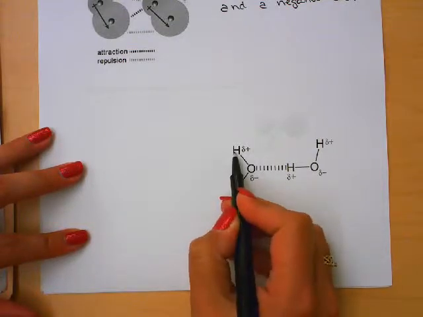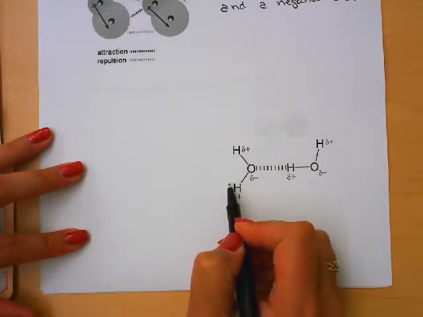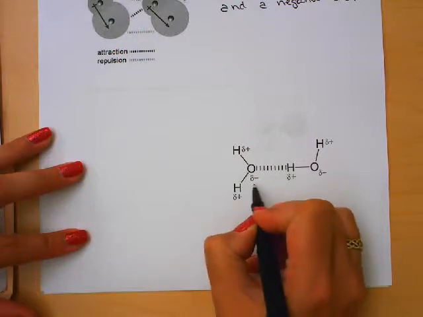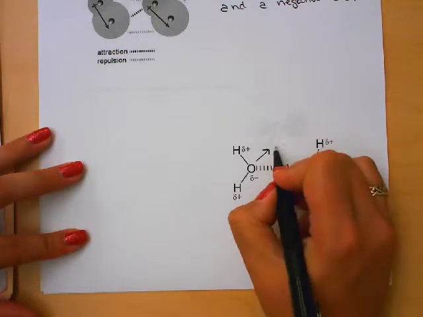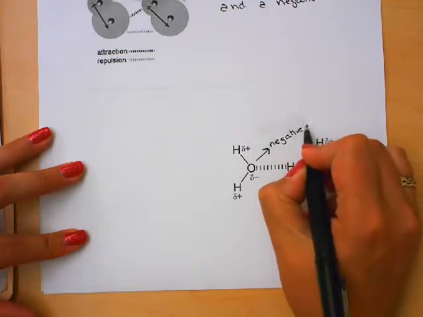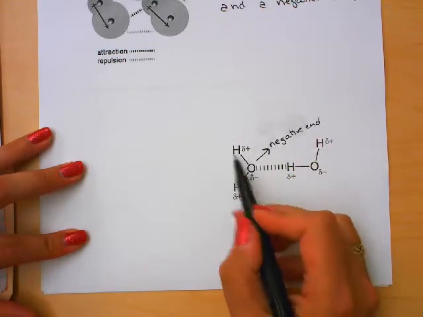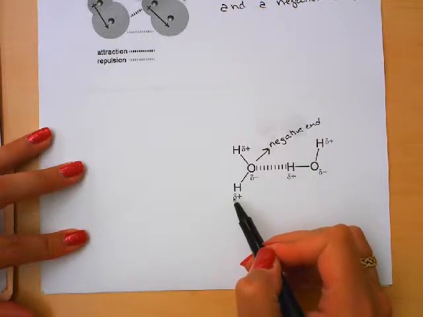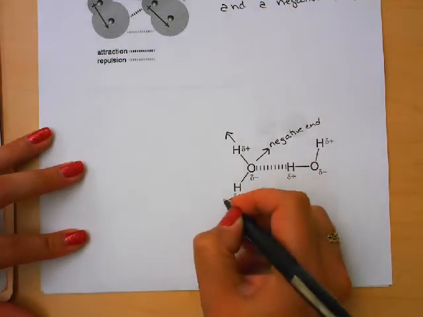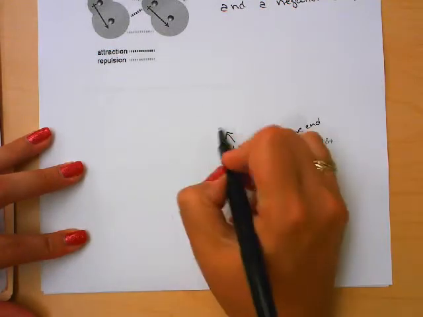It's also trying to steal one of these electrons or one of those electrons. Doesn't matter who from. It's trying to pull it to it. And so by doing that, it ends up being a negative end. And since these hydrogens are having the electrons trying to be ripped away from them, all these hydrogens end up being a positive end.